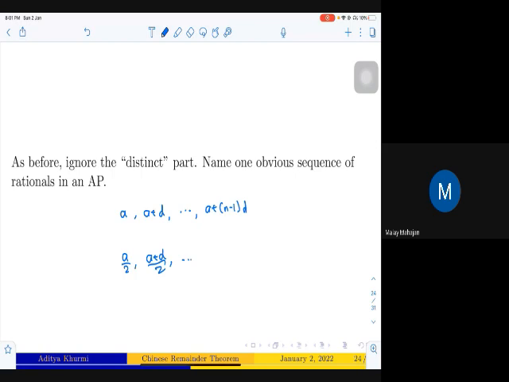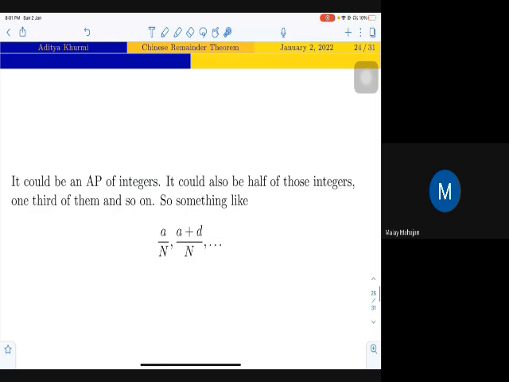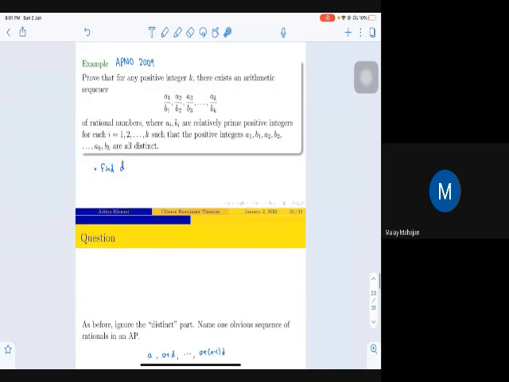Then you could have a third of these, a fourth of these, whatever. So a general AP series would look like this. So let's start over here. Now we have an AP sequence of rational numbers, but let's look at the second condition. The second condition is that ai, bi are relatively prime positive integers.